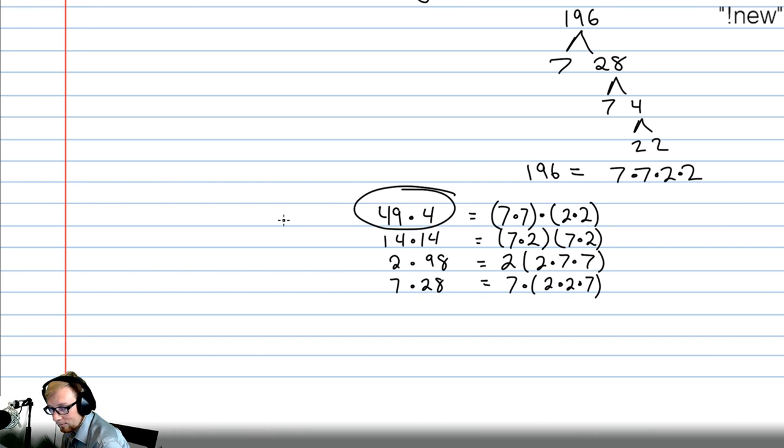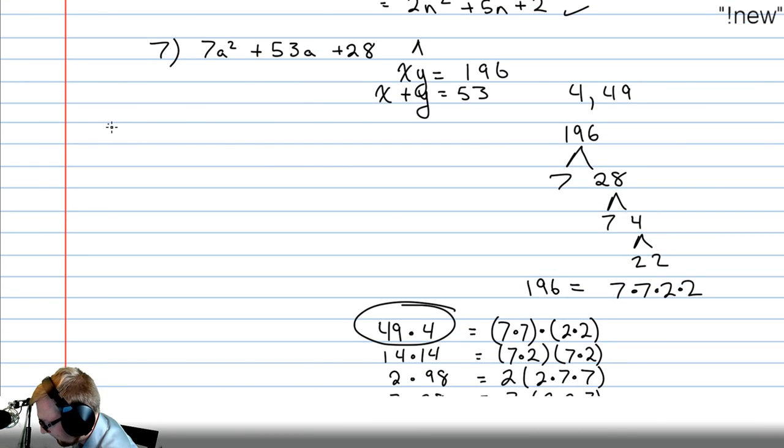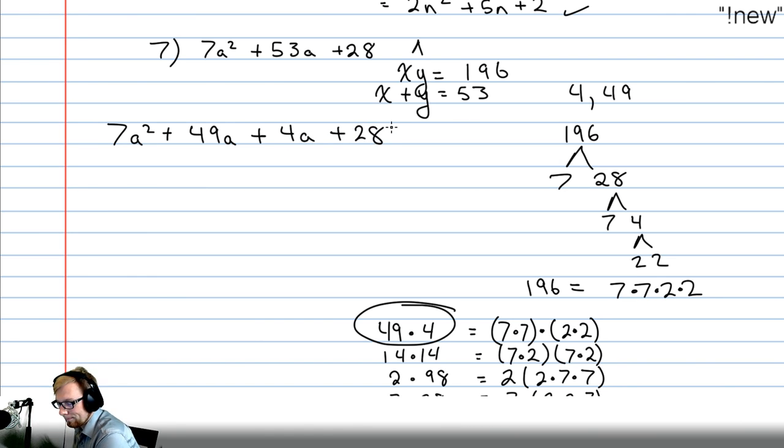Right, so you get 7a squared plus 49a plus 4a plus 28. Good. And then you group the 4a and the 28, and you group the 7a squared and the 49a. Okay.